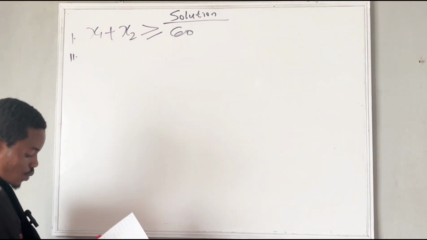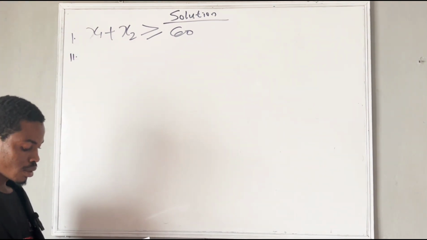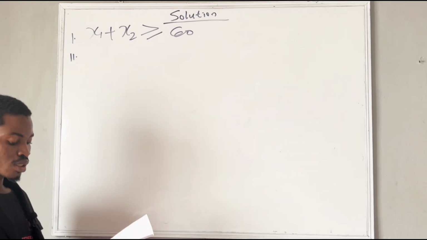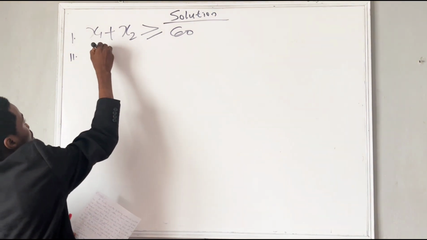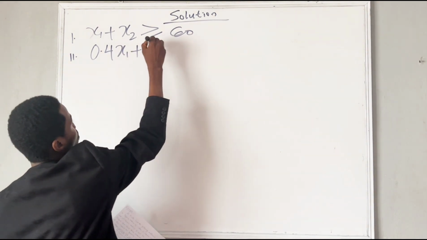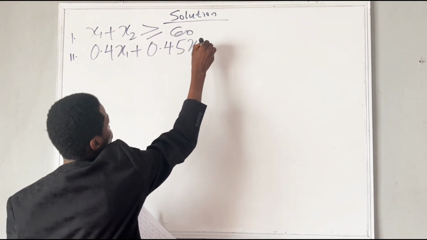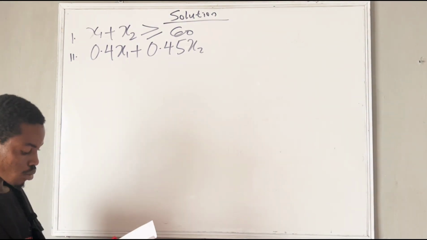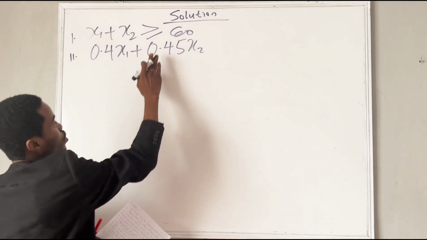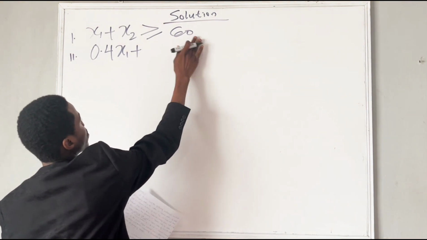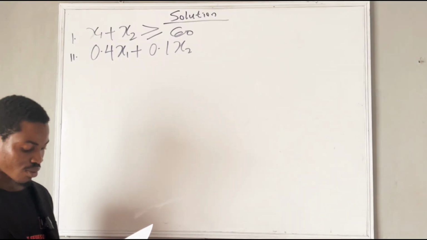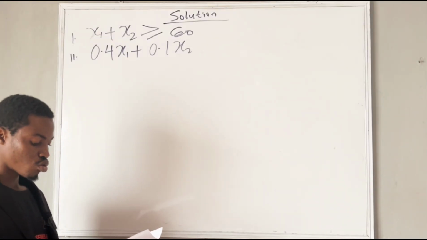Two, it must contain at most 22% bone meal. So our constraint for the bone meal that we did before is what? It is 0.4 x1 plus 0.45 x2. And they have been giving us that it must contain at most 22%.